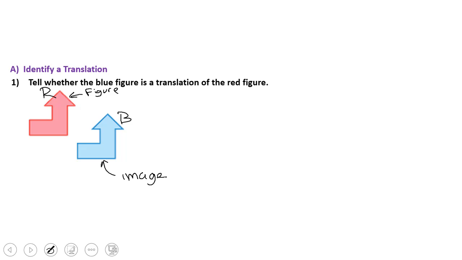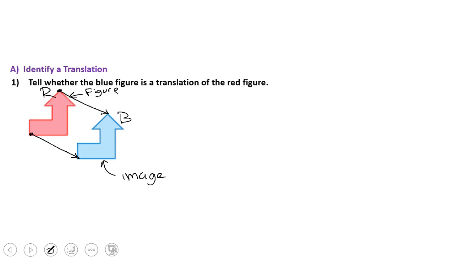Okay? So, how can we do that? Well, you can draw some lines. I go from this vertex right here on the red. Its corresponding vertex is right there. And that's how far it goes. Now I look. I find a different point. I'm going to use this point up here at the top of the arrow. And I'm going to draw to the top of the arrow on the other one.